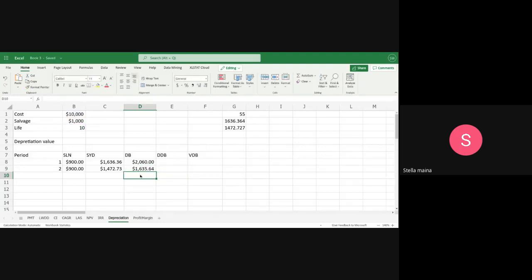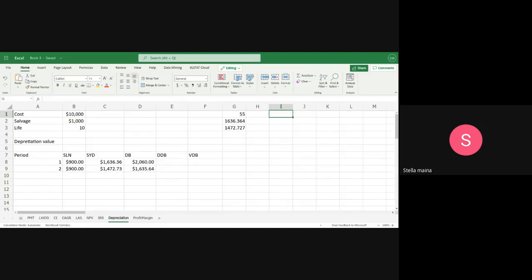So you can see now that is 1,600, and it's a little bit different. So what is really happening with the DB? I'll explain it on this column.